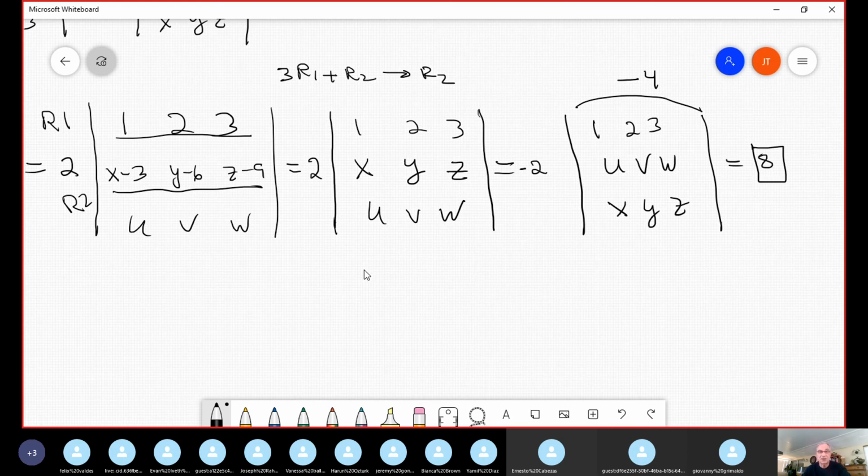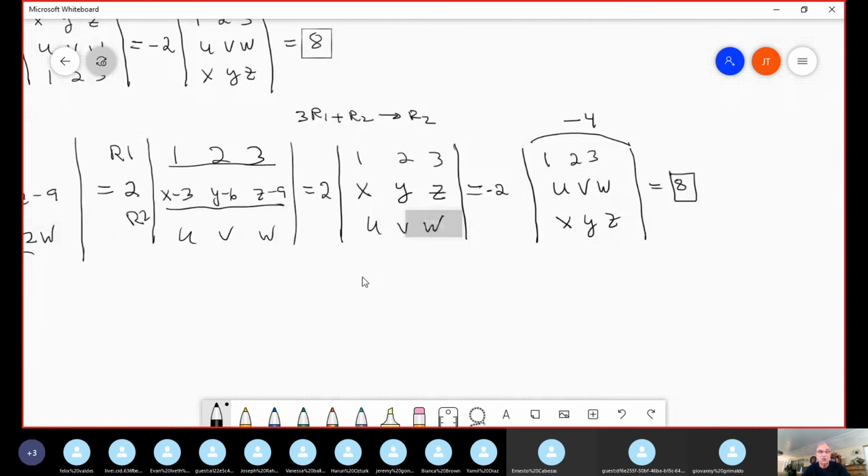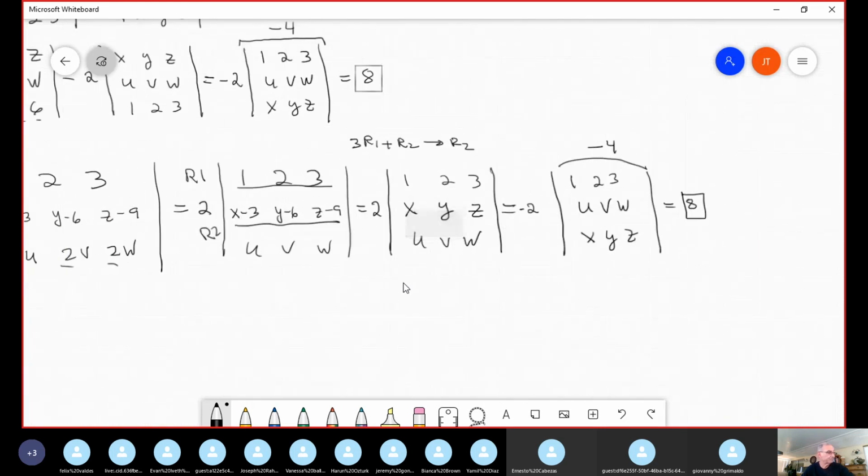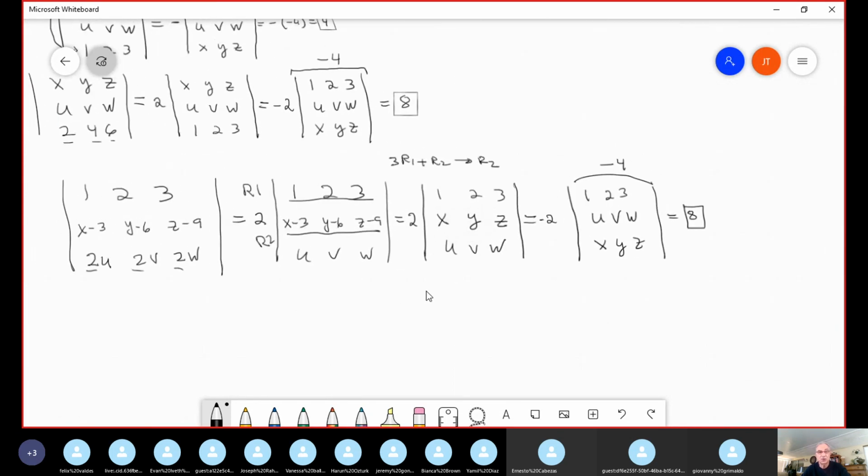Do you understand the idea? So little by little, you are doing transformations of the given determinant in order to look similar to the given information. Okay, so you have this, the answer that you want to compute. I have no idea, totally lost. However, I know this fact, 1, 2, 3, u v w, x y z, is equal to -4. I transform a little bit, one by one. The first thing I did was remove these two.